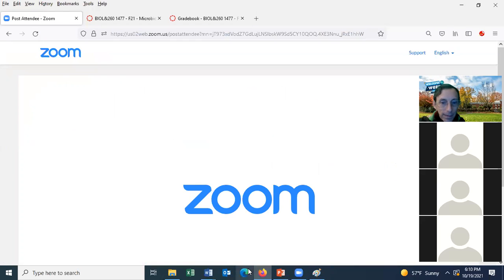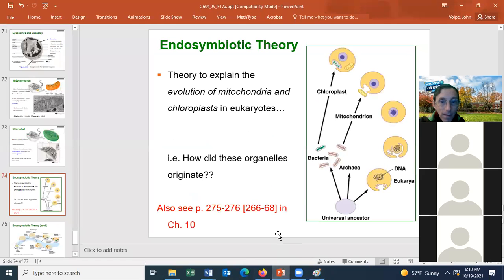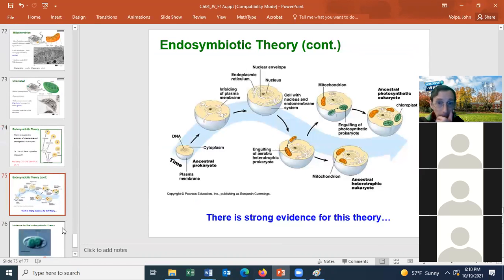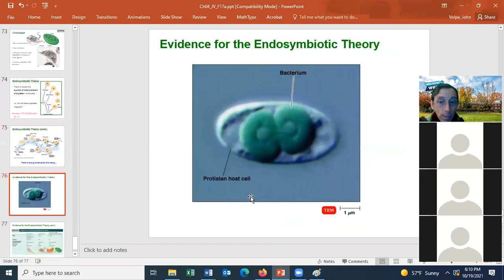Let's quickly end this and say, what is the evidence for this theory? First, you'll note that the mitochondria has two membranes, which could come about from the cell membrane being engulfed in a vesicle that's brought into the cell.